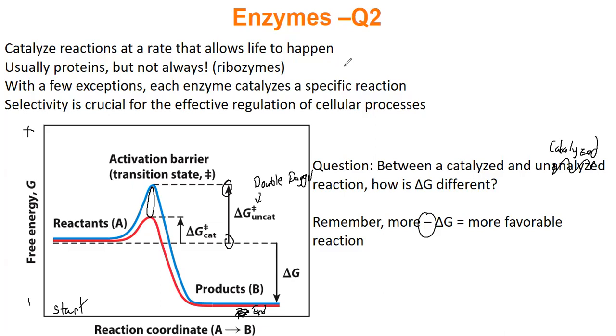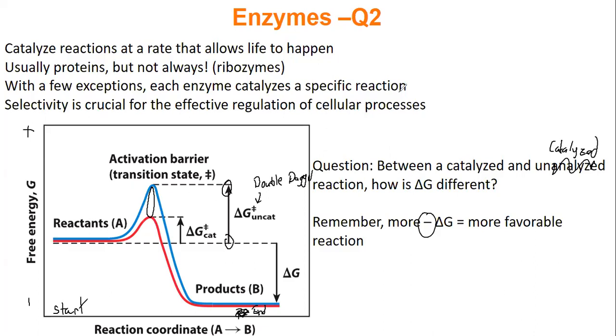If you think delta G increases, press the no button. If you think delta G doesn't change, press the coffee cup button under the more menu. So delta G becomes more negative: yes button. Delta G becomes more positive: no button. Doesn't change: coffee cup. Got one for yes, one for coffee cup.